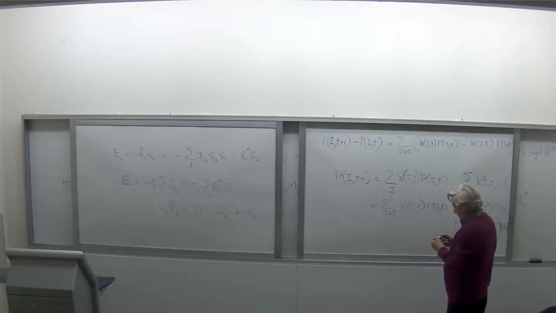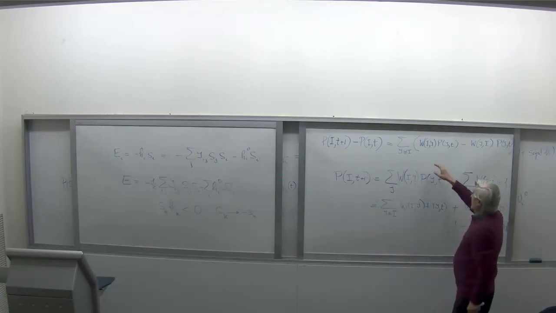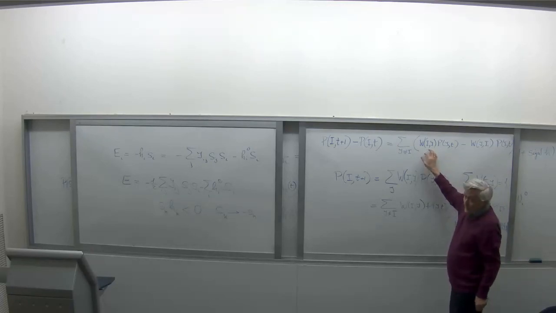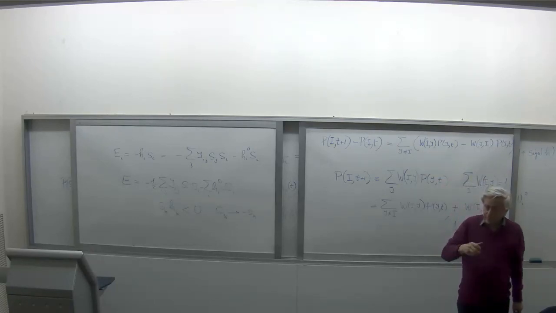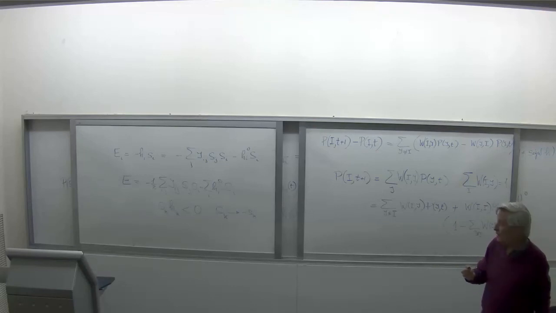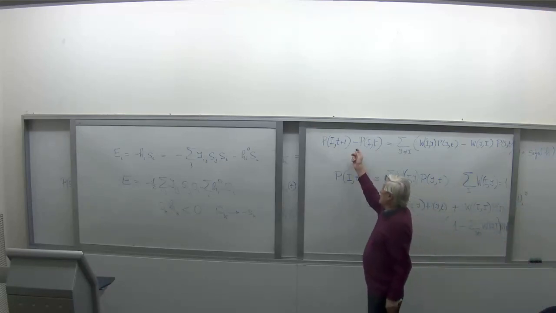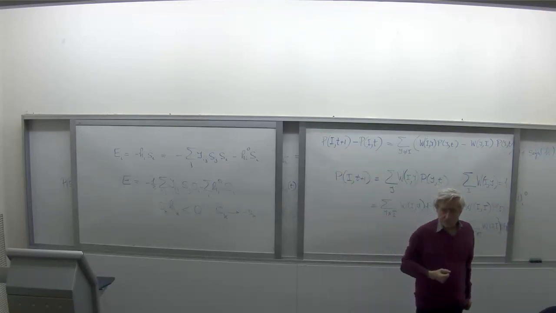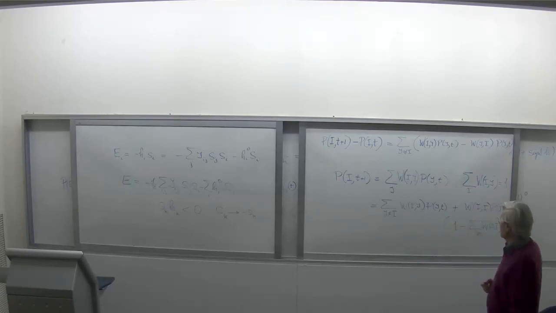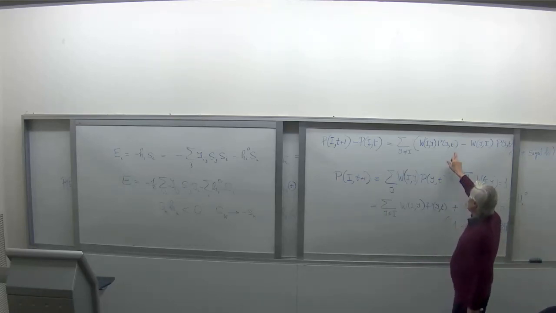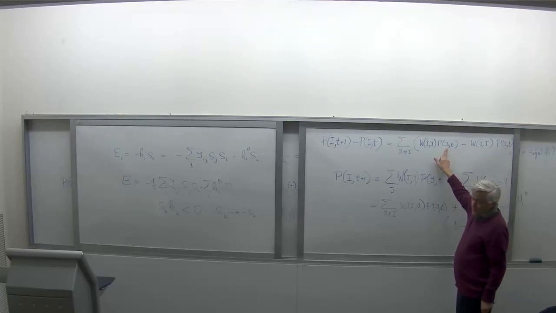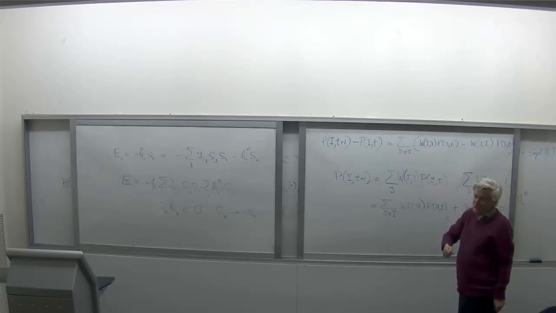One is the probability that increases, due to the fact that at time t we had configuration j, and from all those configurations we got into configuration i.